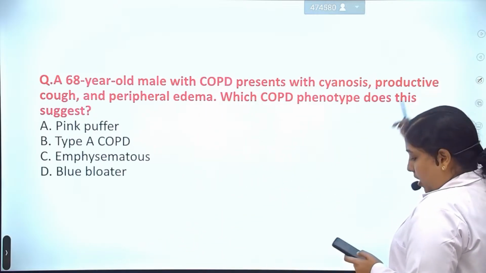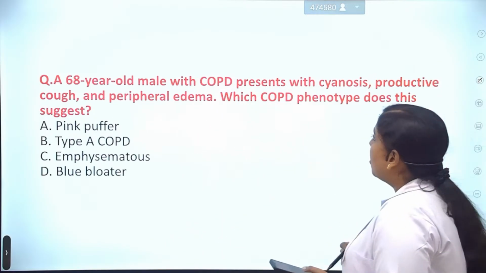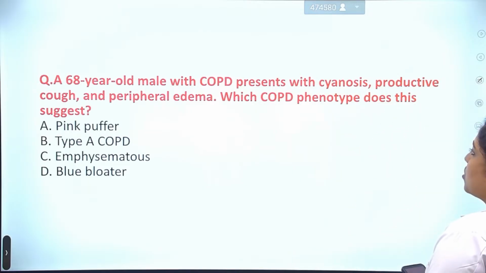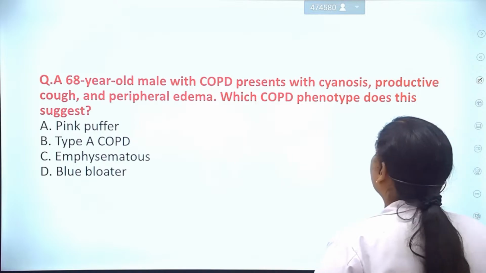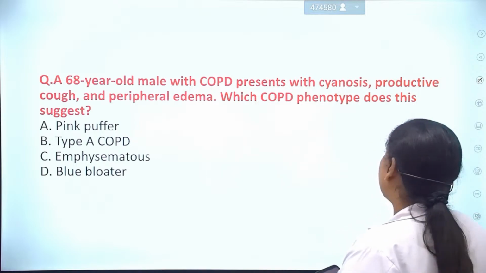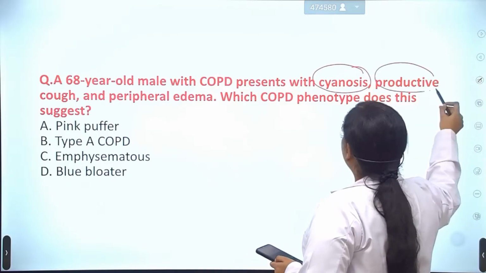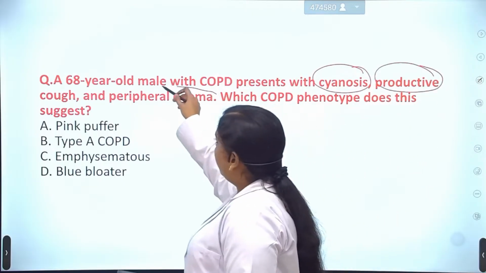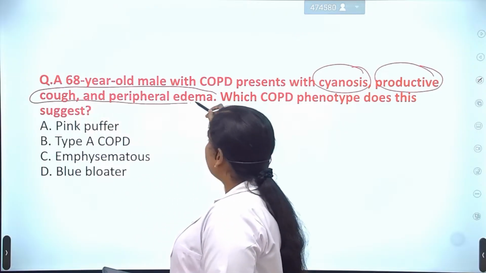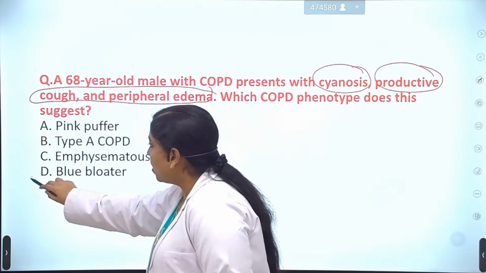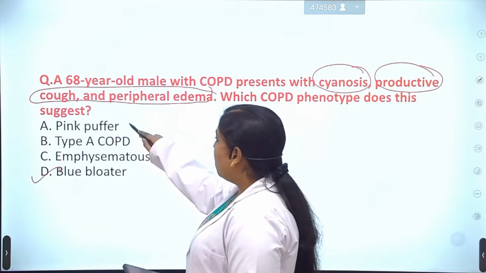And next, here we go. A 68 years old male with COPD presents with cyanosis, productive cough and peripheral edema. Which COPD phenotype does this suggest? Whenever you see the words cyanosis, productive cough, close your eyes and go for blue bloaters. Pink puffers is emphysema.